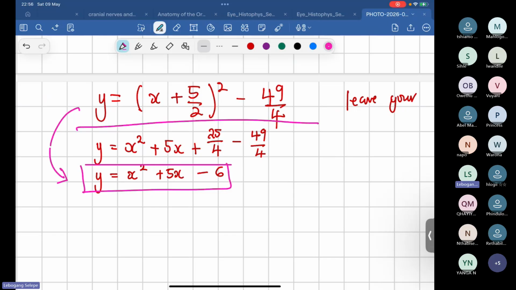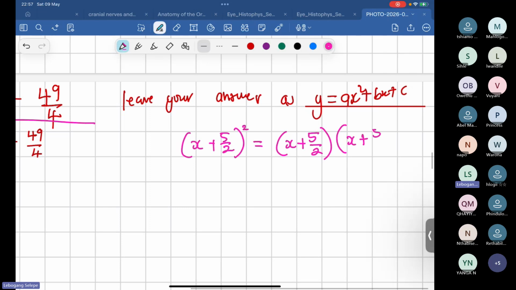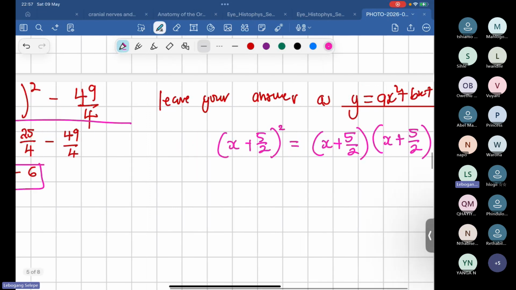Don't forget that if I say to you (x + 5/2) squared, this is the same thing as (x + 5/2) multiplied by (x + 5/2). I just don't do this because I have a faster way of doing it. The faster way is you take the first term and raise it to the power of 2. In this case, it's x squared.